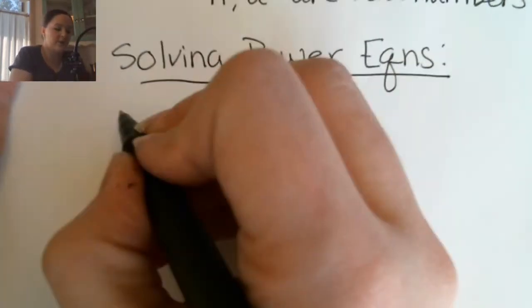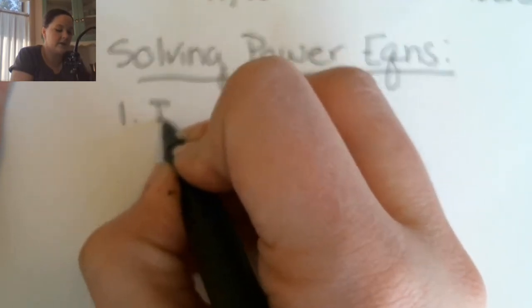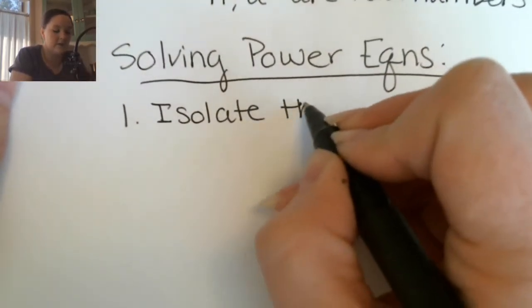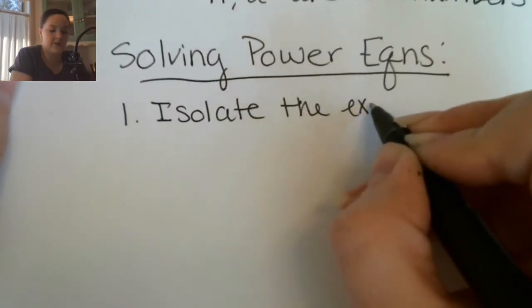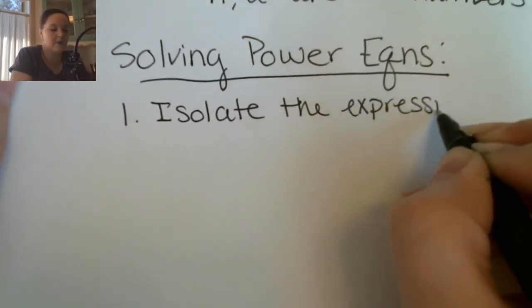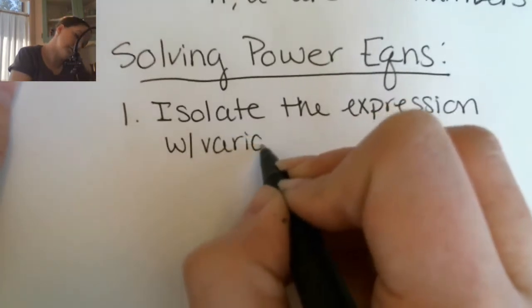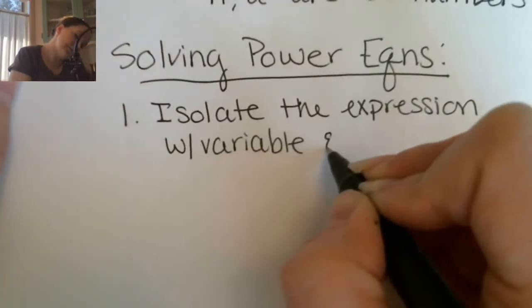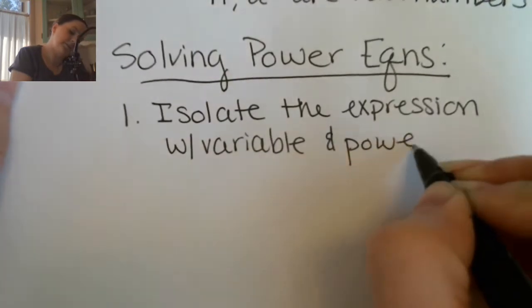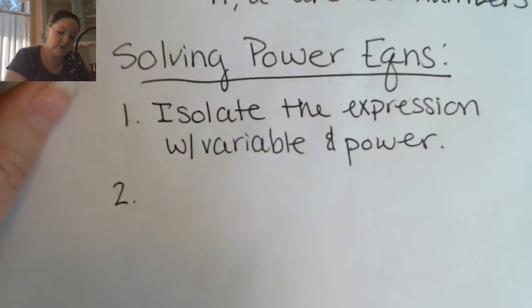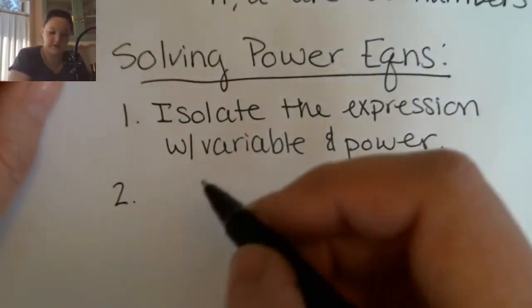So for these, our plan is, first, we're going to isolate the expression with the variable. Then you are going to change to radical form if that applies.